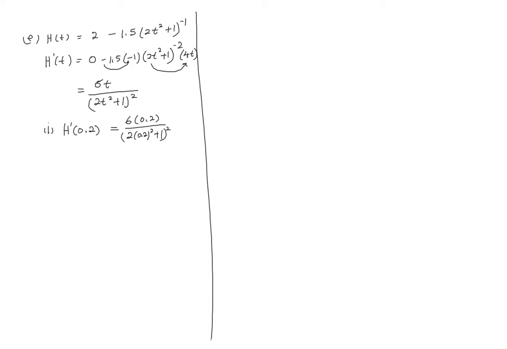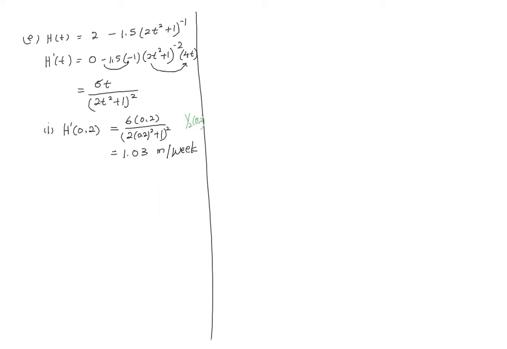You can call out your y2 and put in 0.2. Can someone do it now and tell me the answer? Shawin? 1.03. What is the unit? Meter per week. Thank you.